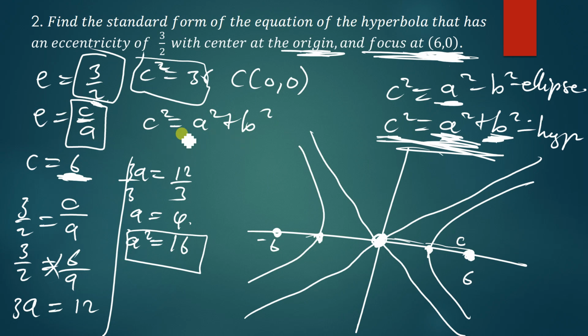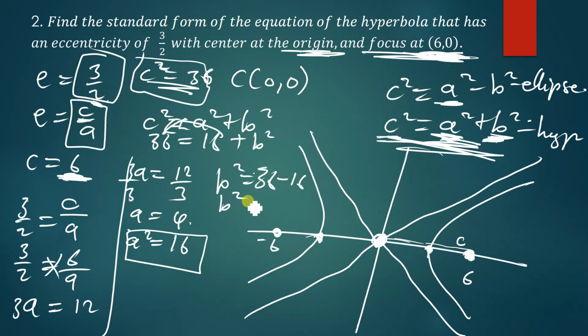When you replace c squared with 36, and a squared is 16, we say plus b squared. So b squared is equal to 36 minus 16, since 16 crosses the equal sign. So our b squared becomes 20.